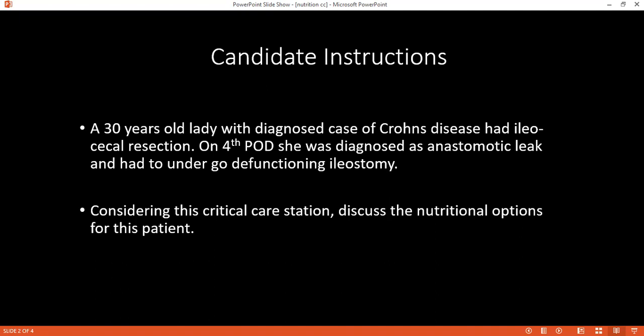Once you are giving nutrition to this particular patient, how would you assess the nutritional status of this patient? I will assess the nutritional status in central line TPN: we measure weight initially and every month, and BMI initially and every month.